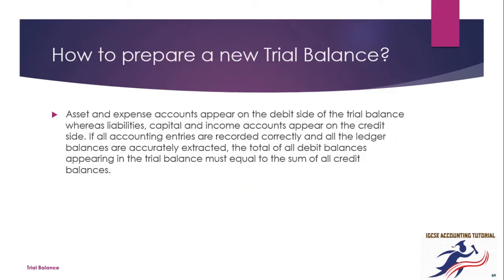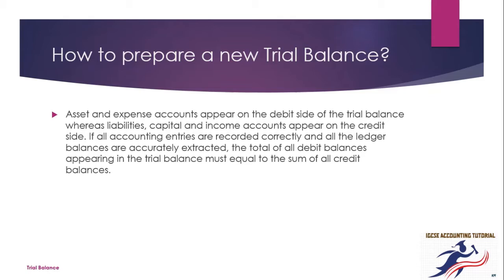Now, how to prepare a new trial balance? This is very important because for dealing with accounting tasks, we need to prepare a trial balance, and there are some strategies to prepare it. I'm going to outline the strategy, but first let's look at the rules. Assets and expense accounts appear on the debit side of the trial balance.